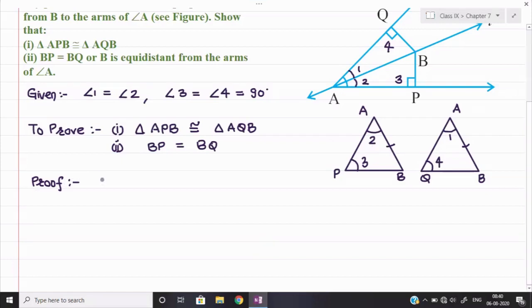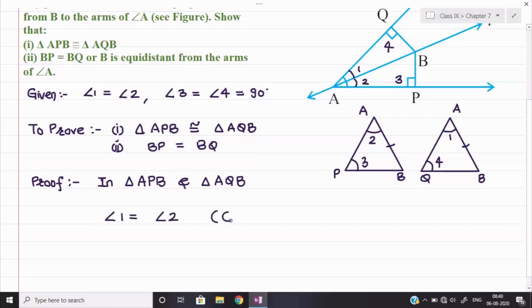In triangle APB, first we shall mention in triangle APB and triangle AQB. Okay, so first we'll write down angle 1 is equal to angle 2.